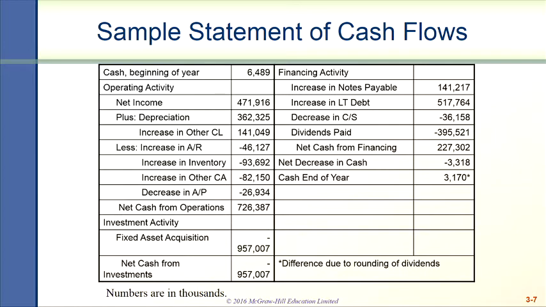And so we now start on a line-by-line basis looking at the operating activity. The net income was $471,916, which we got from the income statement. And then we add back depreciation. The reason we're adding back depreciation is because depreciation is a non-cash item. It does not involve actual physical payment of cash. So we add it back to our net income. In this case, we're treating depreciation as a cash inflow.